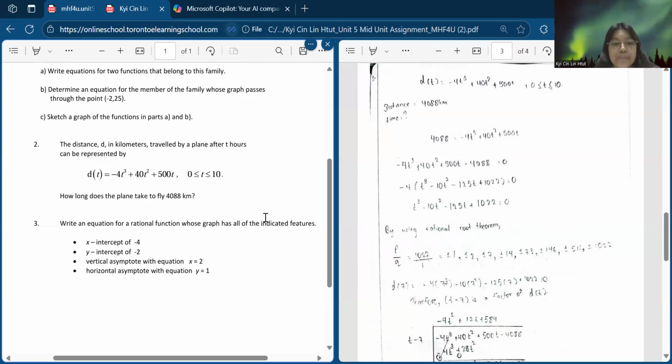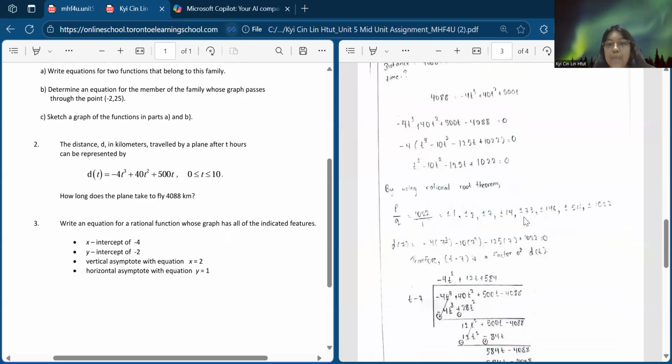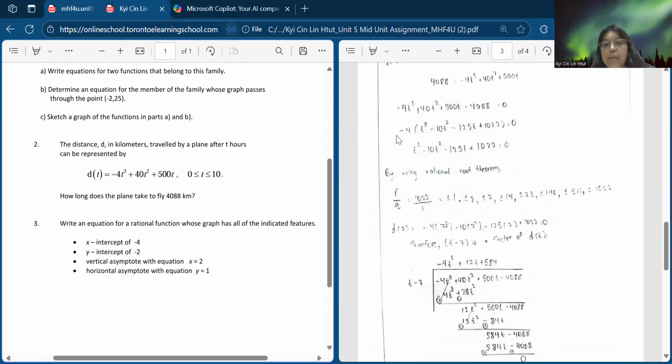So for that, I set d(t) as 4,088 kilometers and solved the equation. I equated these two together and moved 4088 to the left side, leaving only 0 on the right side. From here, I divided everything by -4. So this is the simplest form of the equation that we can get.